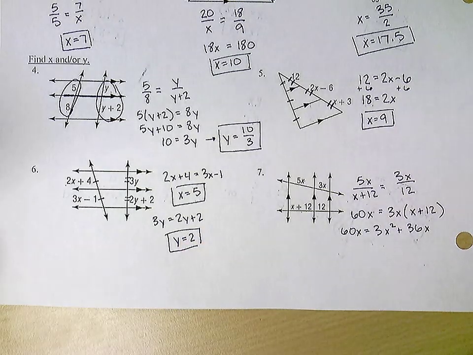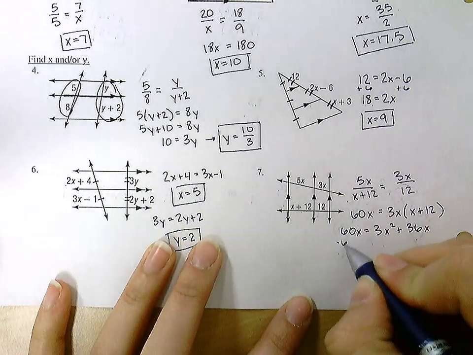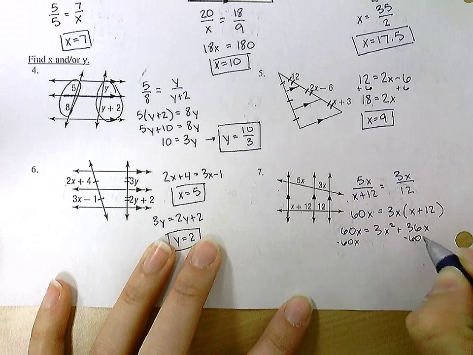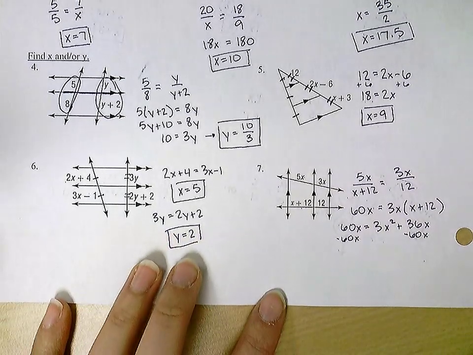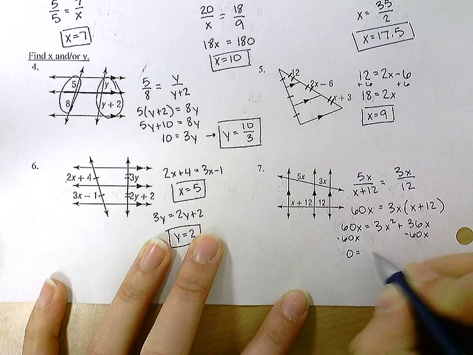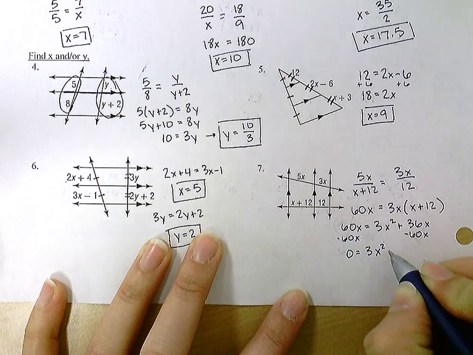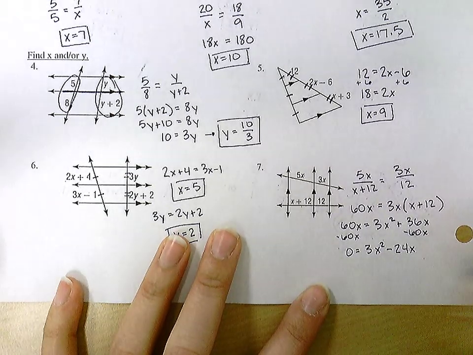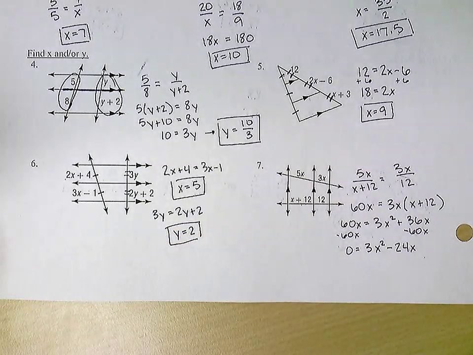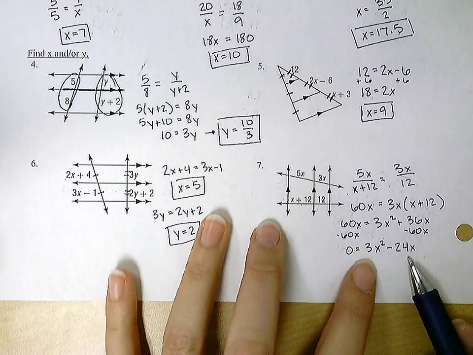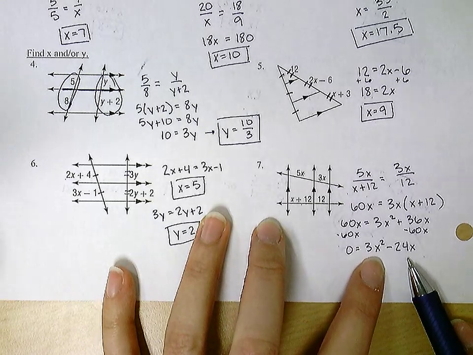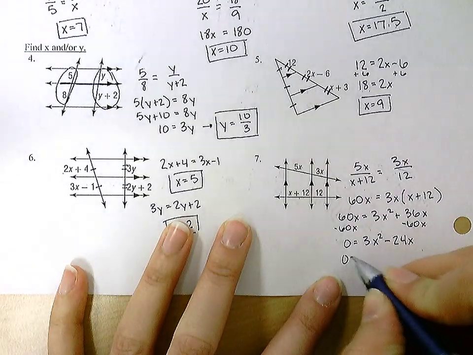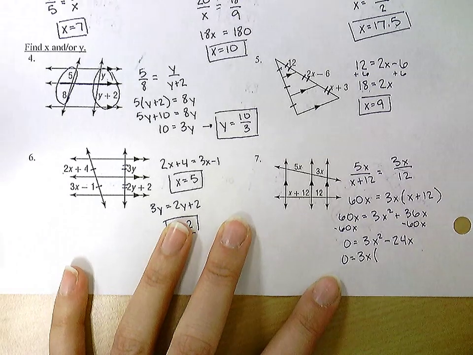Now I'm going to get everything on one side, so I'm going to subtract 60x. So I have 0 equals 3x squared minus 24x. Now I'm going to factor out what they have in common. Those two terms both have a 3 and an x, so I can take out 3x.